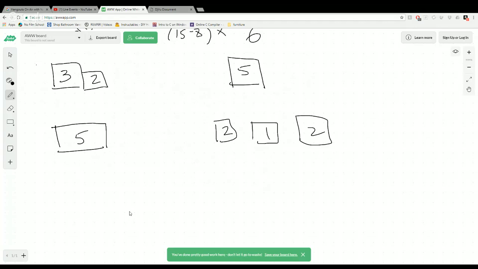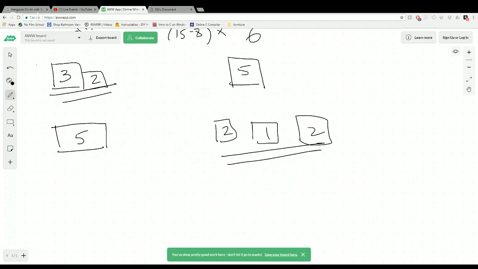So let's reread that. We want to take the weights from the left hand of the first scale, these guys here, and place them on the left side of a new scale. And place the weights from the right hand of the second scale, these guys, on the right side of a new scale. So let's do that.